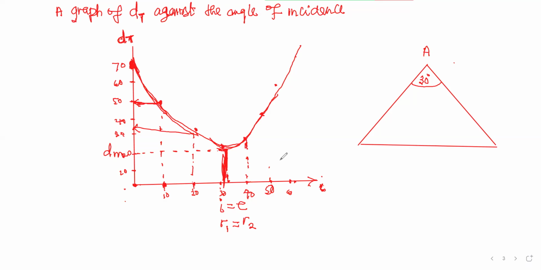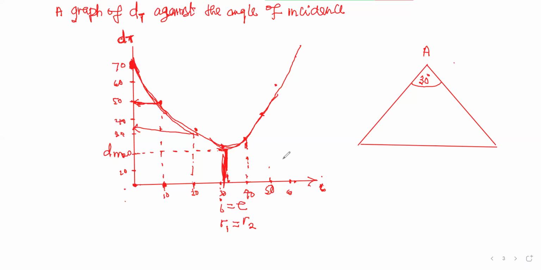What is the maximum deviation within the prism if the refractive index of the prism is 1.5?